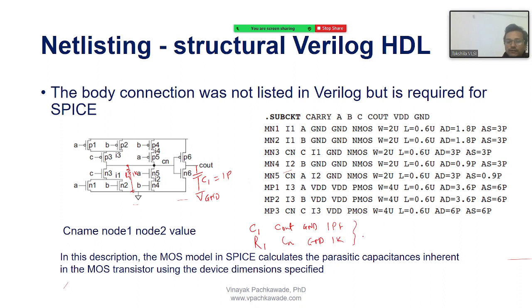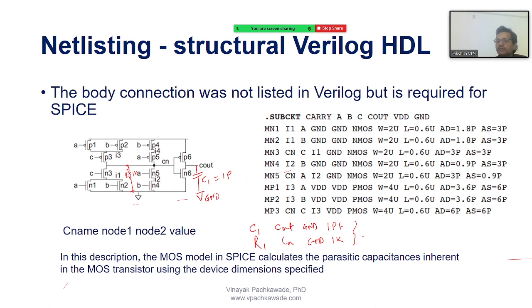So simple, that's correct. So in this description, the MOS model and the model for the capacitance and the resistance, if they are there in this SPICE netlist, will calculate the parasitic capacitances inherent in the MOS transistors. Why?